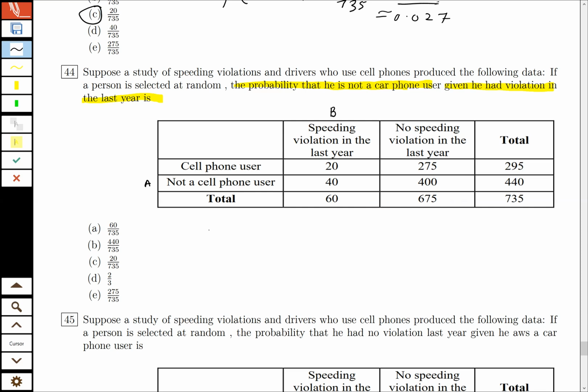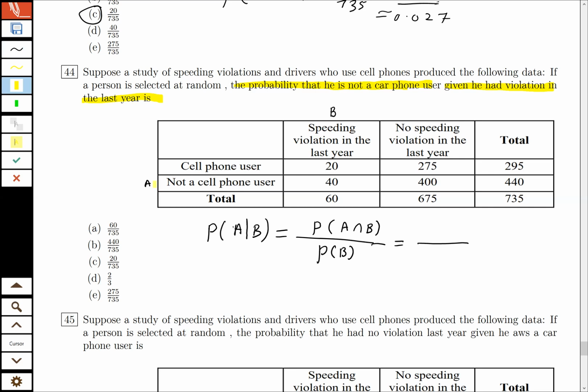So what he wants is the probability of A given B. So that would be the probability of A intersection B divided by the probability of B. What is A and B?